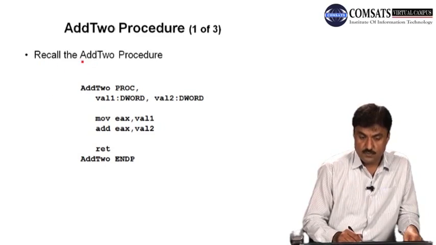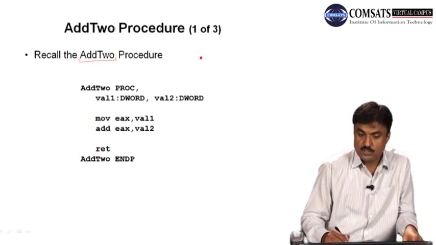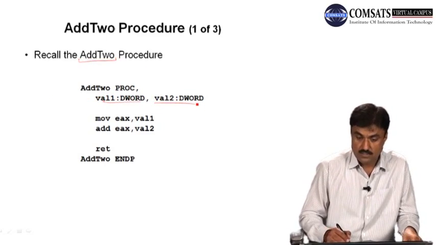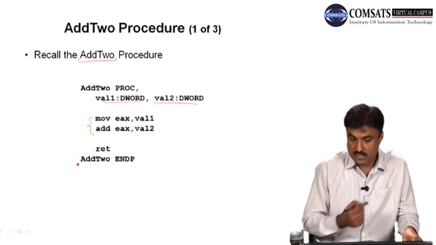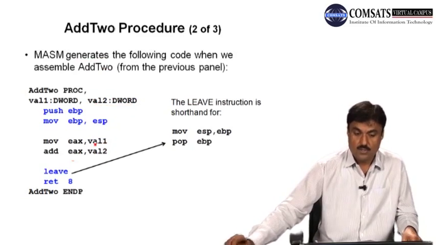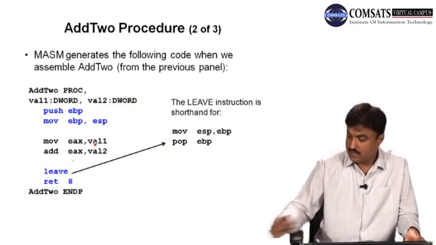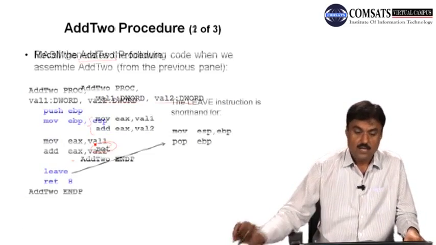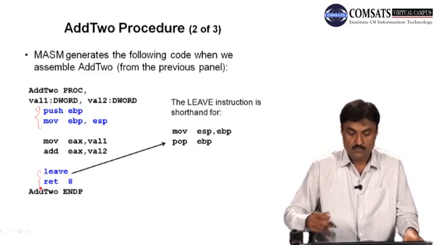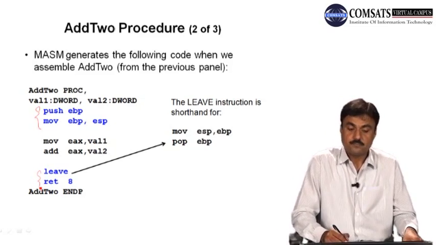So this is the add to procedure. We have 2 parameters here, similar to the previous one as we have seen, and we have the return value. This add to procedure, as you have seen in the previous slide, has the same code, but here these four lines are added.